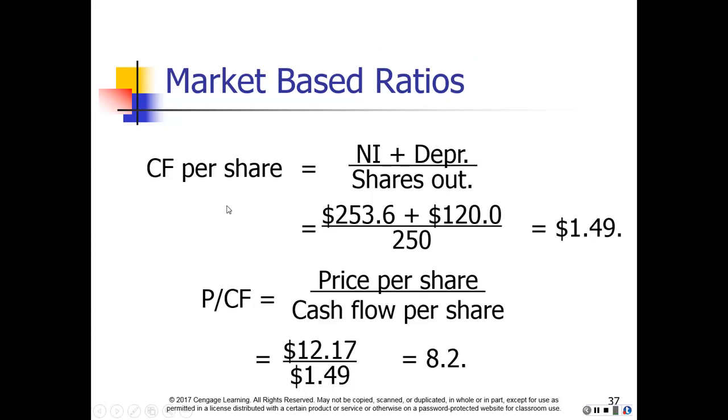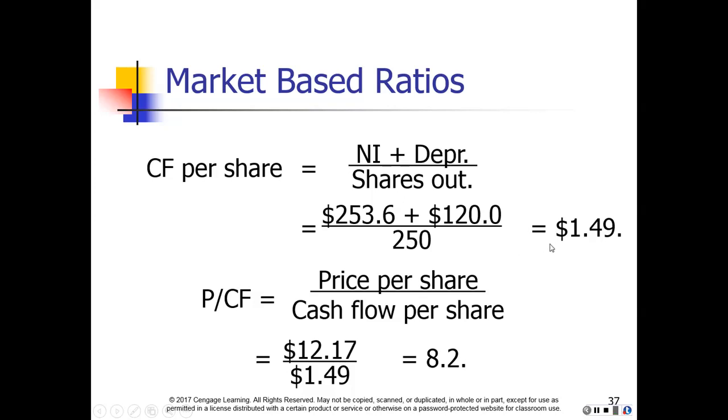Likewise, we can calculate the price to cash flow ratio. To get the cash flow per share, we take the net income and add back the depreciation, because depreciation was subtracted to get to the proper amount of taxes, so we could calculate the proper amount of net income. But it's not an actual cash expense, so we add back depreciation and then divide that by the number of shares outstanding, and we get 1.49.